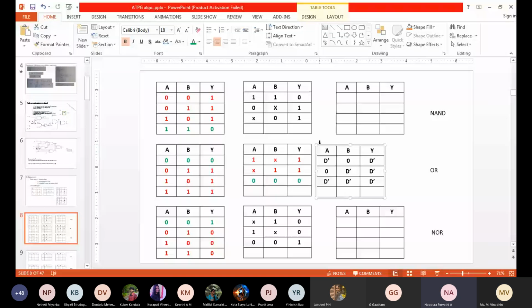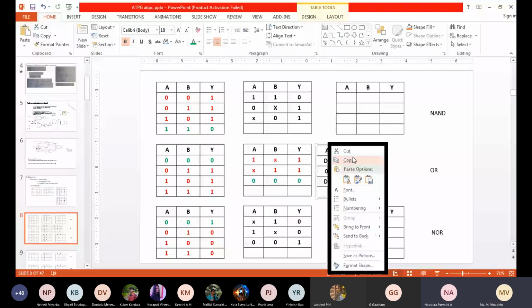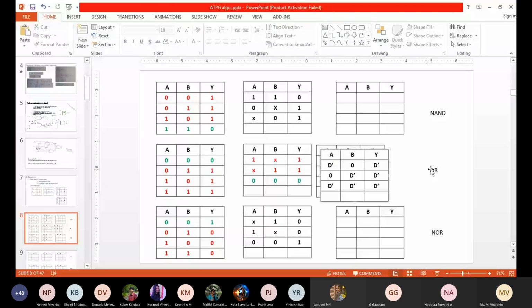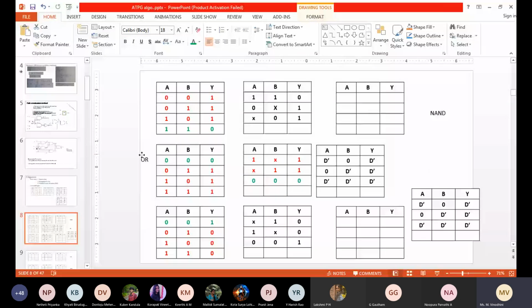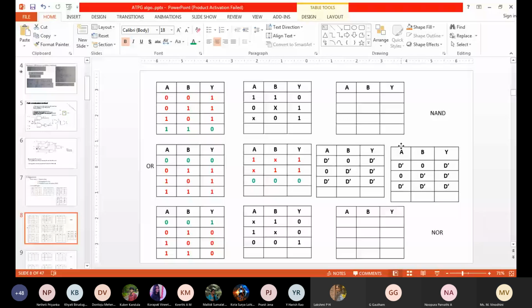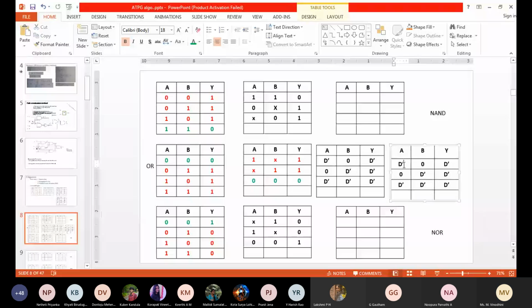Instead of D bar, take D. That's it. The 0 will be as such. So these are the propagation D cubes.